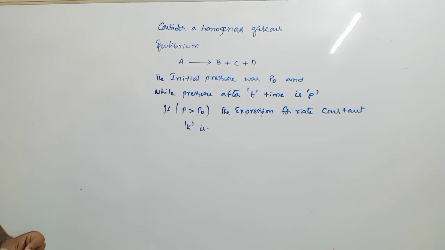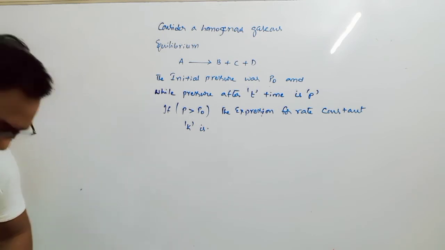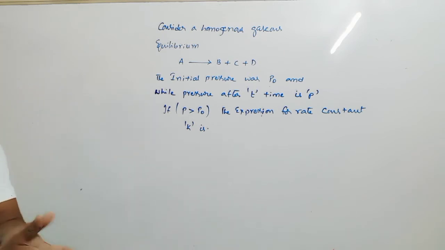Consider a homogeneous equilibrium, A gives rise to B plus C plus D. The initial pressure was P naught while pressure after T time is P. If P is greater than P naught, then an expression for the rate constant K is.